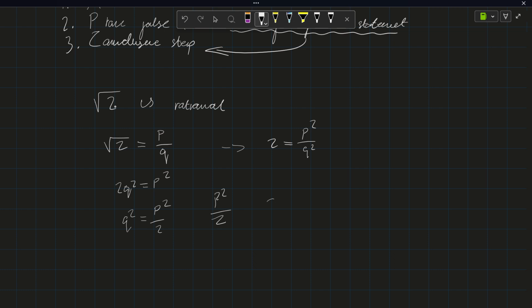So hence 2 is a factor of p squared, meaning 2 is a factor of p, hence implying p is a member of the integers. Otherwise 2 wouldn't be a factor.